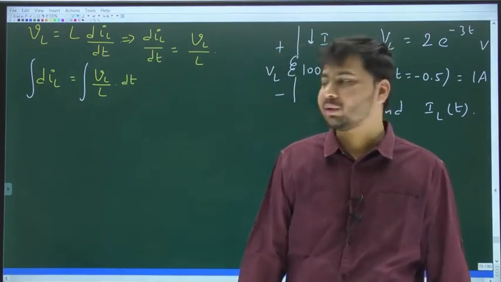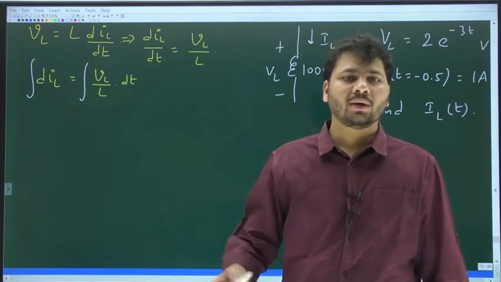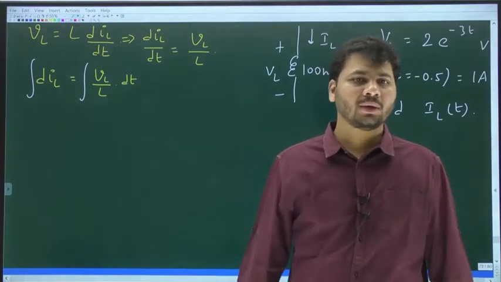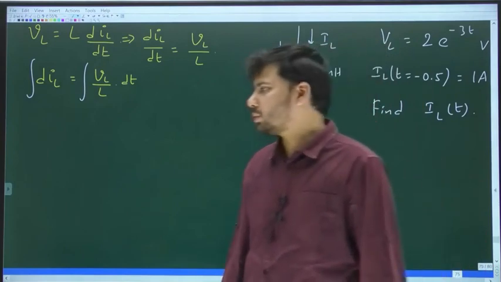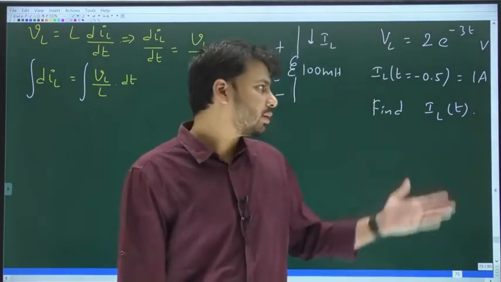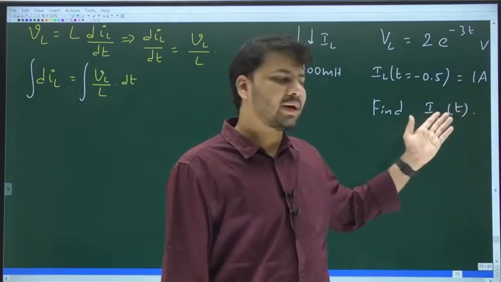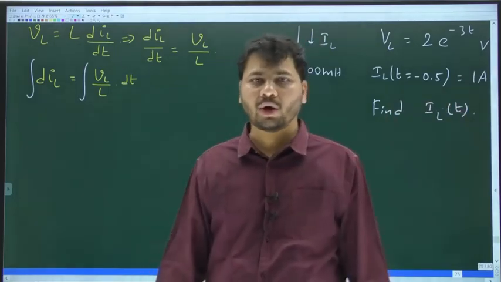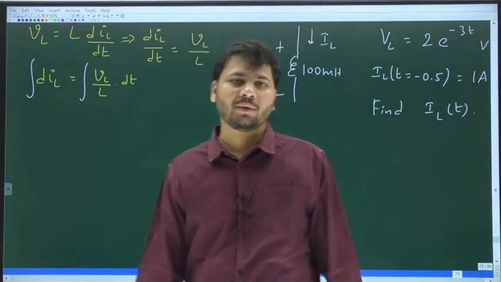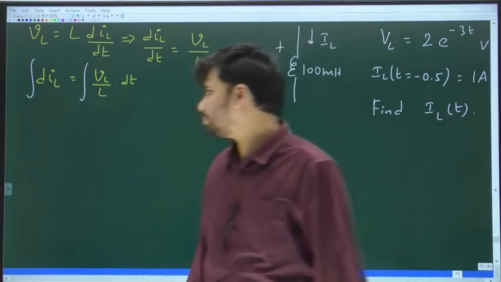But in the end, on one side we add a constant of integration, and to find it, we can use the given value of the current at t equal to minus 0.5. That is how you will get the value of the constant of integration.